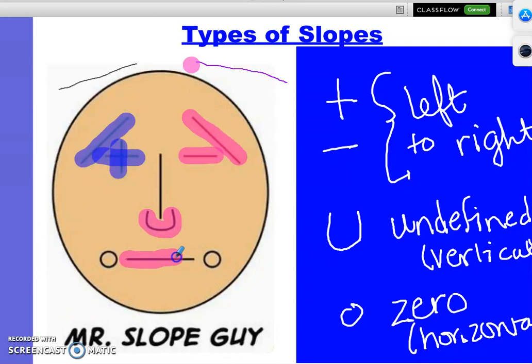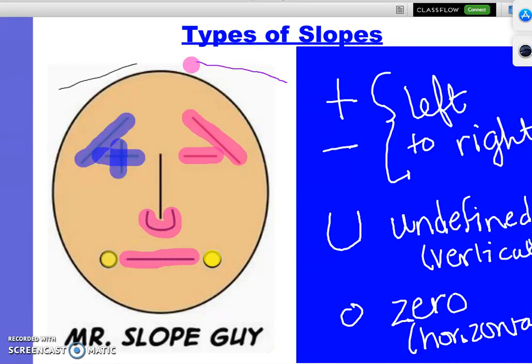So we can remember that 0 is a straight horizontal line, straight side to side. Now, what if it kind of looks like this? No, this would be a positive slope.